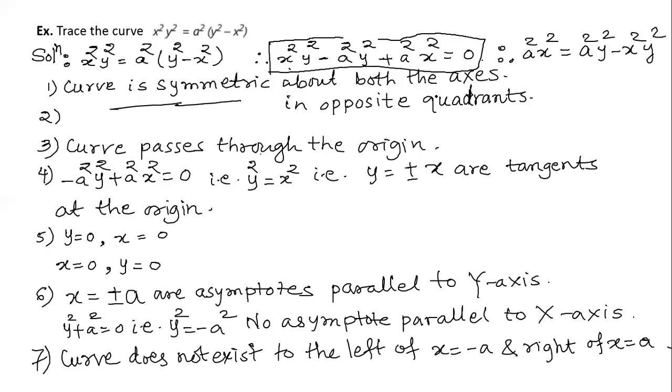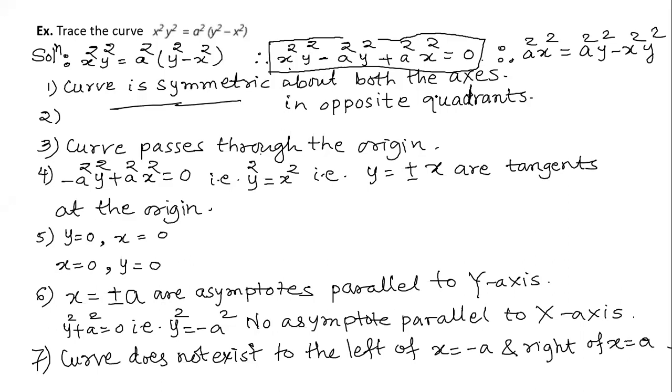There is no y cube, something like that. So property 1 is satisfied, as only even powers of y, the curve is symmetric about the x axis. That means if we fold along the x axis, the upper and lower parts coincide exactly.